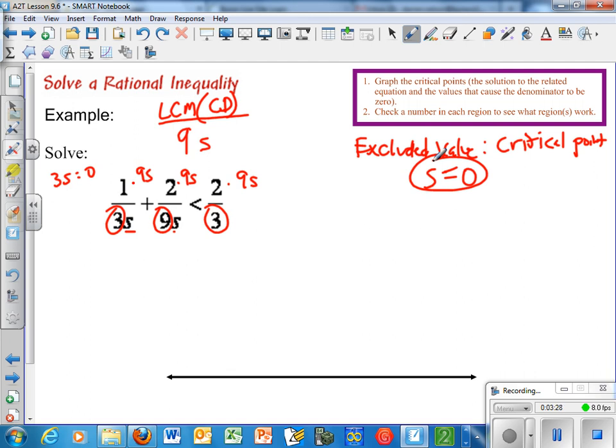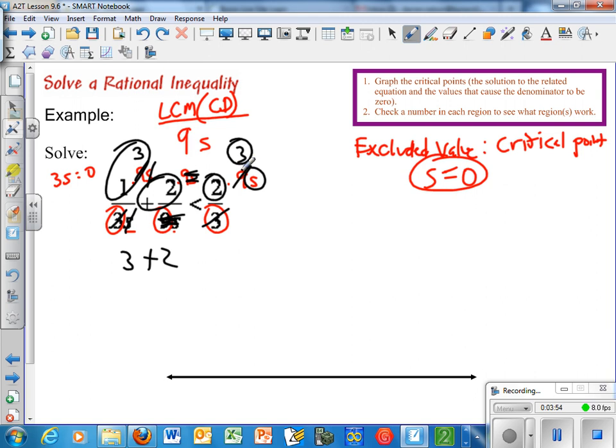So now we're still multiplying by the 9s. Let's cancel out denominators. Here's what I mean. Here, the s's cancel. 3 goes into 9 3 times, so I have 1 times 3 left, which is 3. Here, all of the 9s cancels, so I'm left with plus 2. Over here, 3 goes into 9 3 times, so I have 2 times 3s left, which is 6s on that side. Now I'm just going to carry down my sign.